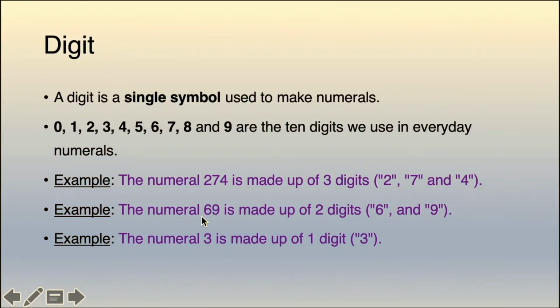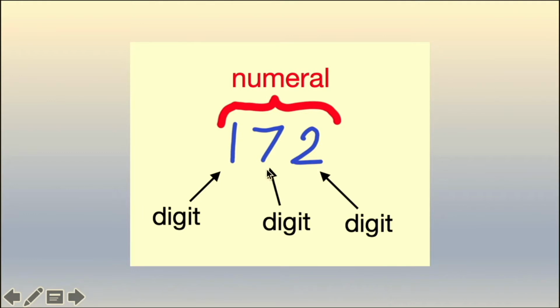Then the numeral 69 is made up of 2 digits, 6 and 9. And the numeral 3 is made up of 1 digit, that is 3. So over here, this is a 3-digit numeral 172 made up of digits 1, 7 and 2.